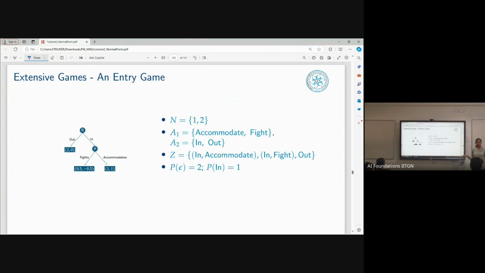Z is just the terminal histories. It's just the end. It's the outcome, the different possible outcomes of the game. There are 3 possible outcomes.